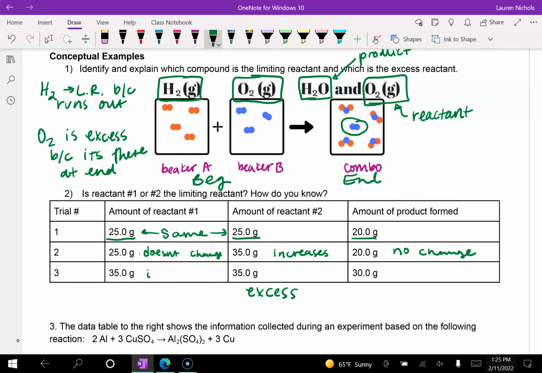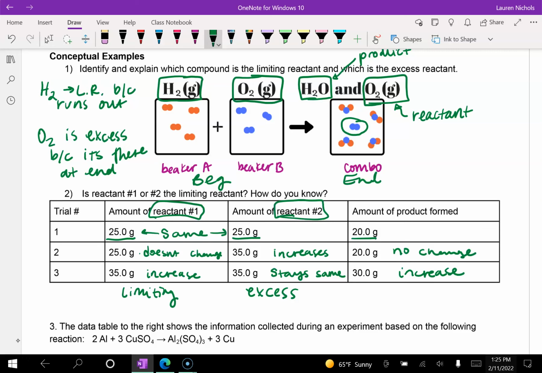Whereas when we do increase the amount of reactant number 1, and this one stays the same compared to trial 2, we see that there is an increase in the amount of product. So this must be the limiting reactant because it is the reactant that's determining how much product you can make based on its amount. So we can see that reactant number 1 is limiting and reactant number 2 is our excess reactant.